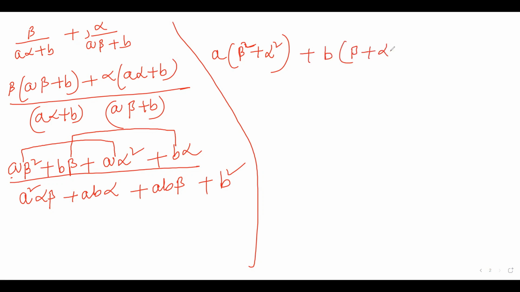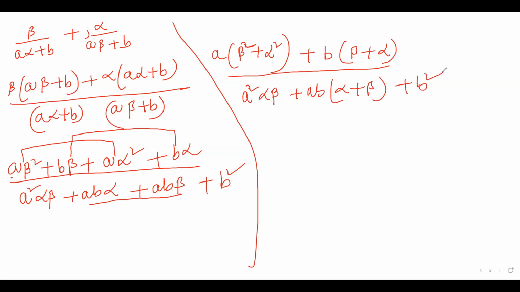Beta plus alpha, or alpha plus beta, both are the same, will remain. Here AB is taken common in the middle terms. A square alpha beta. AB is common, alpha plus beta remains, and lastly B square. So taking common is done.